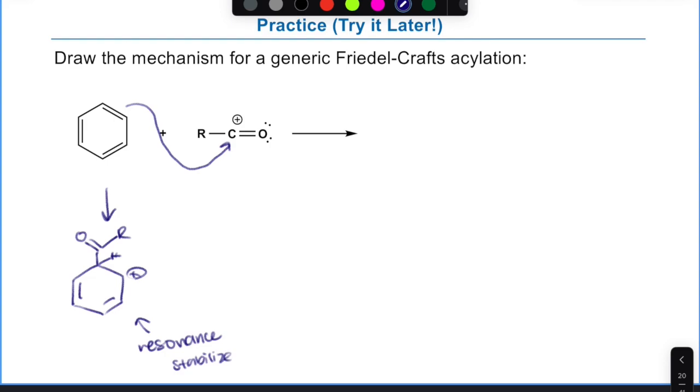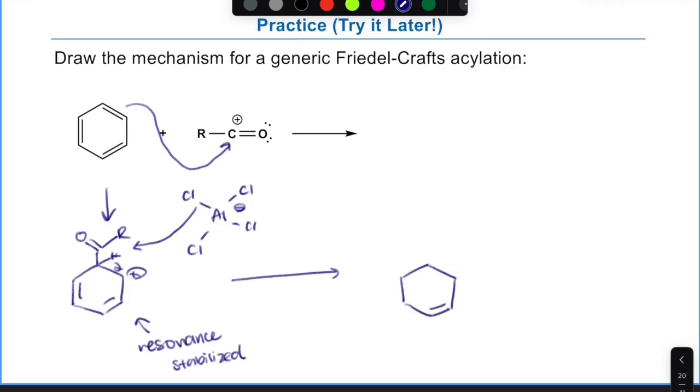And then we have our Lewis acid base now come in. And we have one of these chlorine lone pairs come in, act as the base to regain aromaticity. And once again, we've regenerated our catalyst in situ, along with HCl.